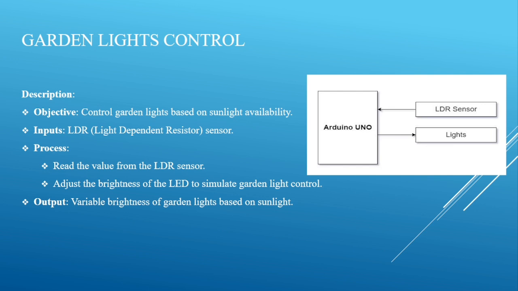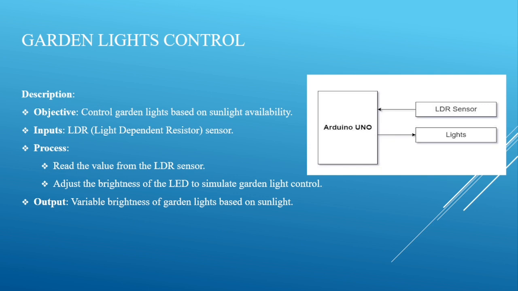Using an LDR sensor, the system continuously measures the ambient light level. When the sunlight is low, the system reads a lower value from the LDR sensor, which triggers an increase in the LED's brightness to simulate the garden light turning on.